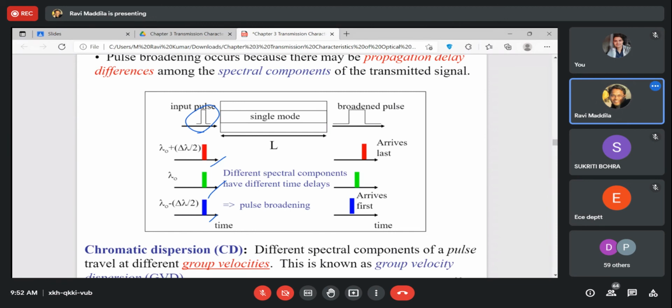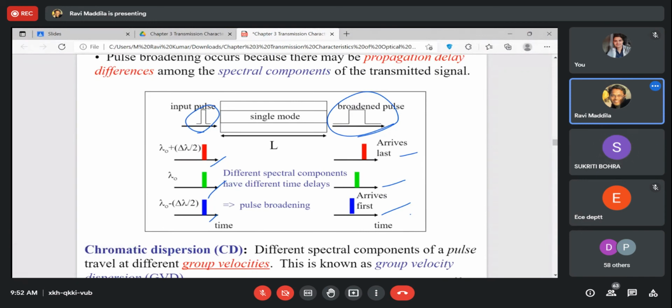And hence what you have here is one pulse which arrives last and one pulse which arrives first, and there's another pulse which arrives in between. And when we club these three together, we have a broadened pulse.